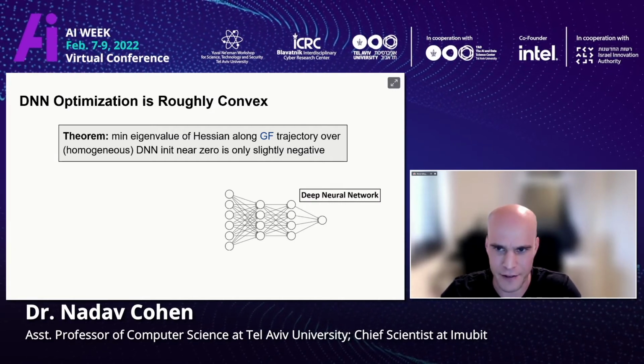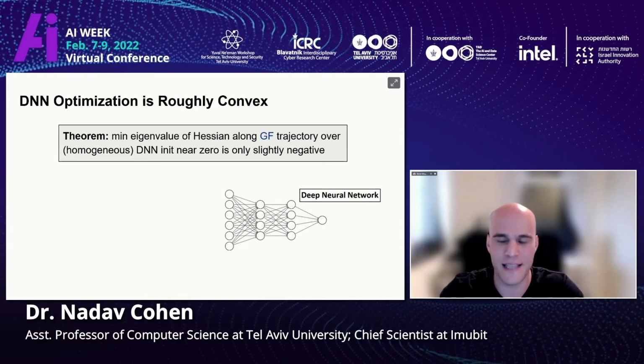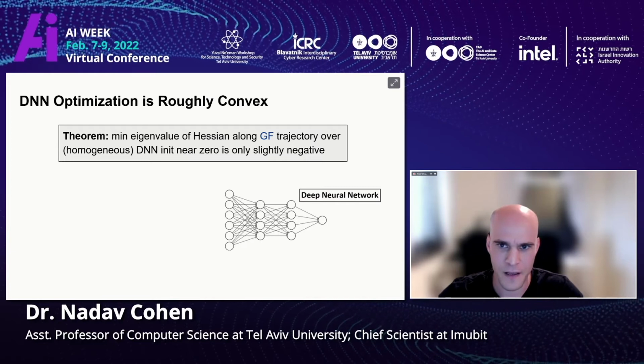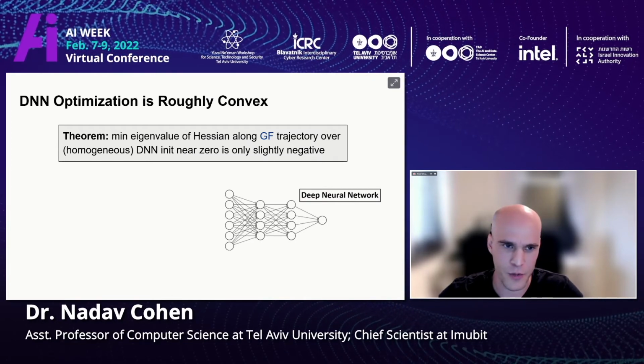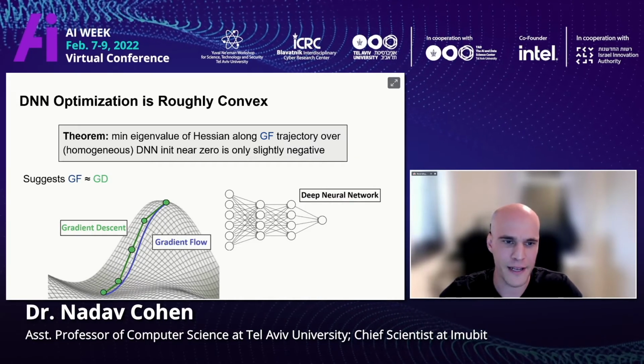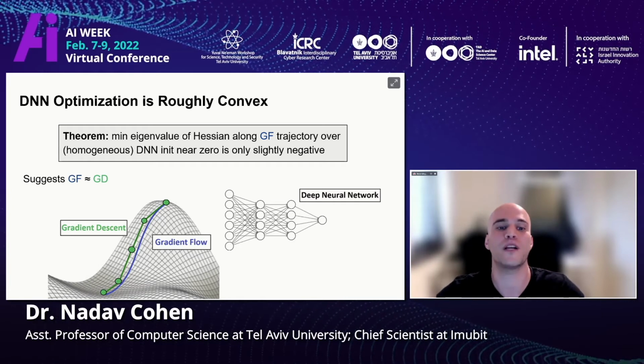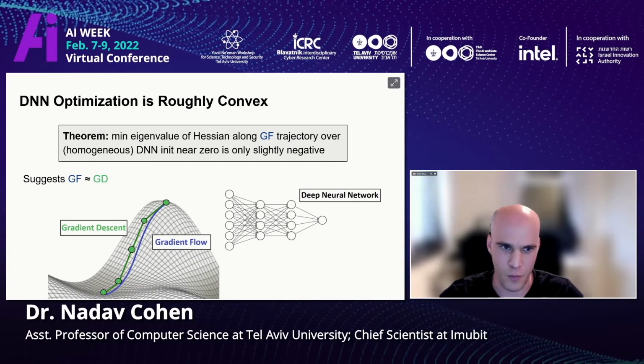It's not going to be too negative. And it actually converges to 0 as the optimization progresses. So in light of the general theorem that we saw, this suggests that over deep neural networks, gradient flow is similar to gradient descent. And this is some special property of deep neural networks.